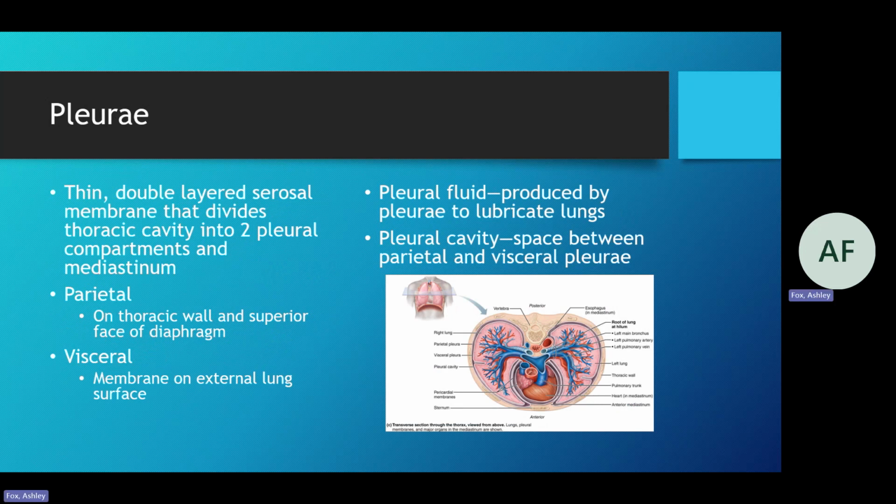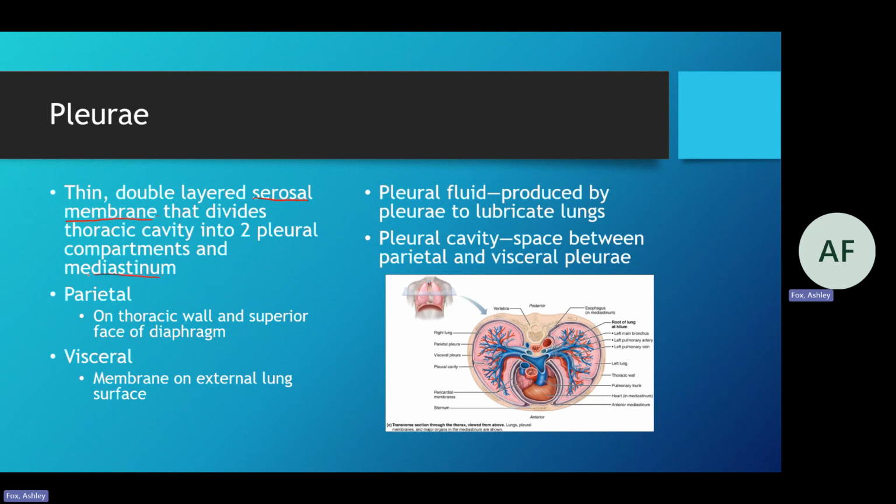We also have pleura. So remember, pleura is the serosal membrane, those membranes that we talked about. They are going to make serous fluid, that's going to divide the thoracic cavity into compartments.